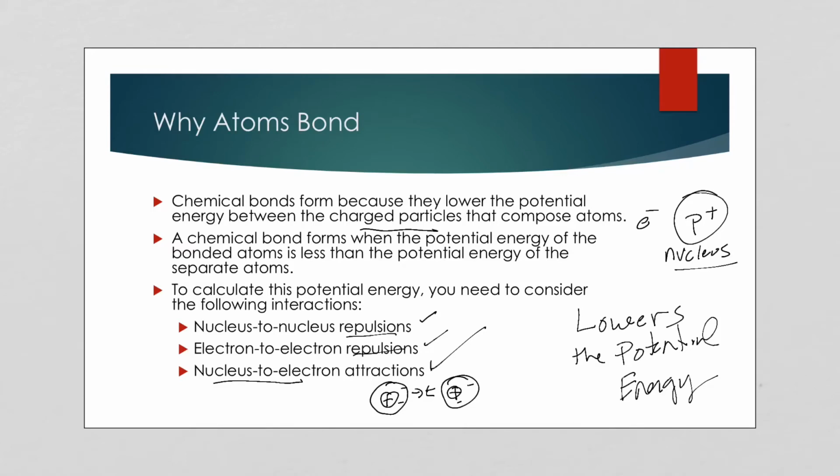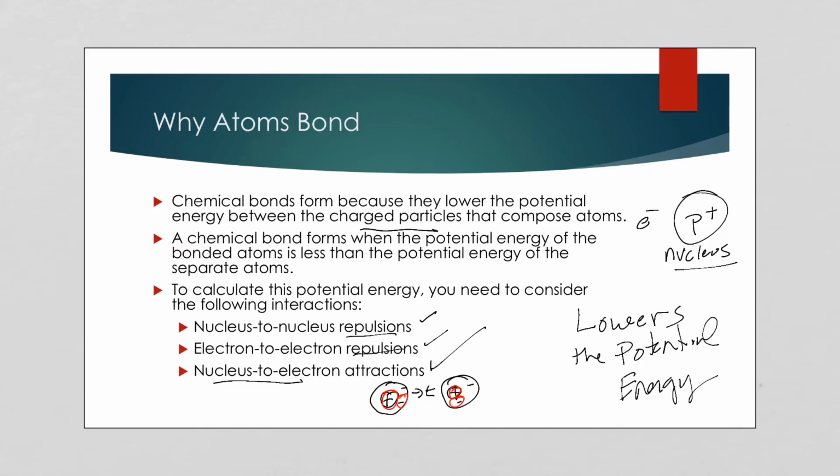So as we bring these atoms together, there are attractions between the electrons here and the nucleus here, and this nucleus and these electrons attract each other, and we pull the atoms together. So it becomes this balancing act.